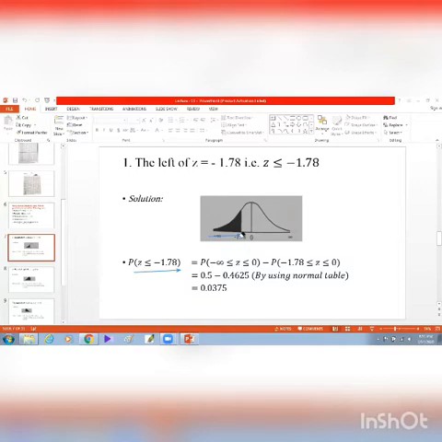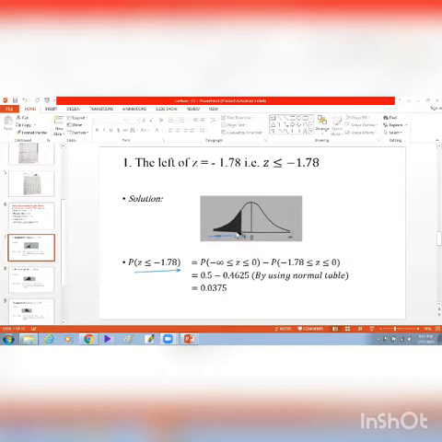This portion we get if we subtract minus 1.78 to 0 from minus infinity to 0. So we can write probability of z less than or equal to minus 1.78 equals probability of minus infinity to 0 minus probability of minus 1.78 to 0.